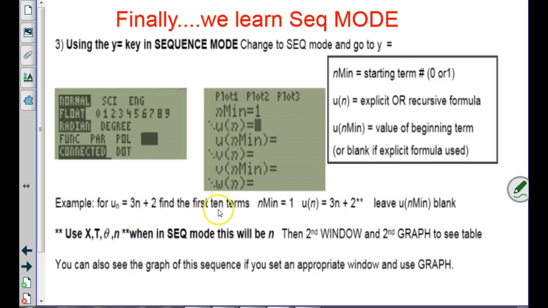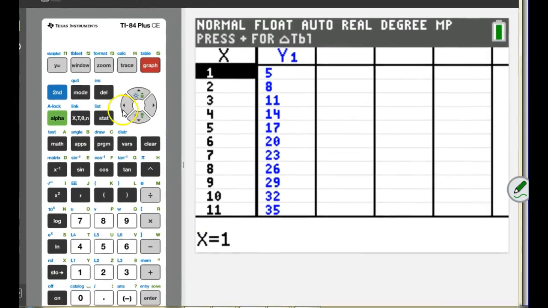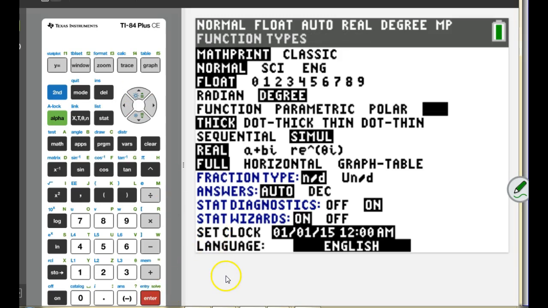For this sequence, let me go back to the calculator. First of all, if you go to mode and you scroll down and go all the way over to sequence. Everybody good? Mode, sequence.